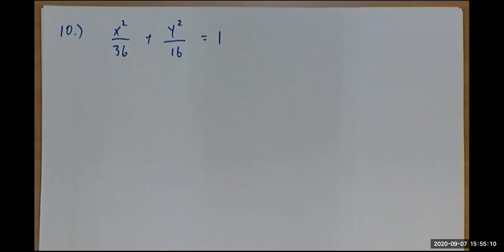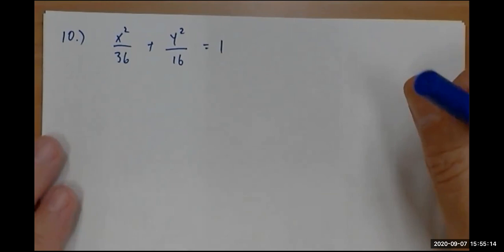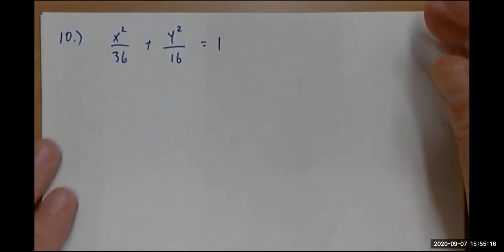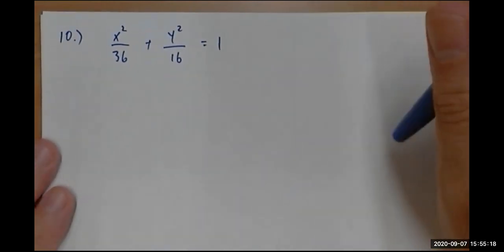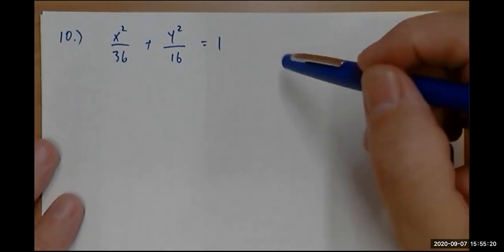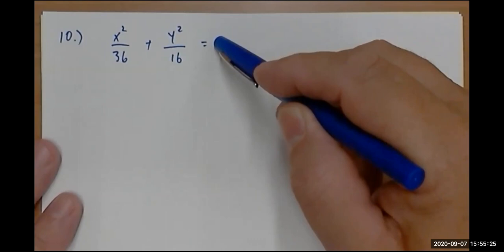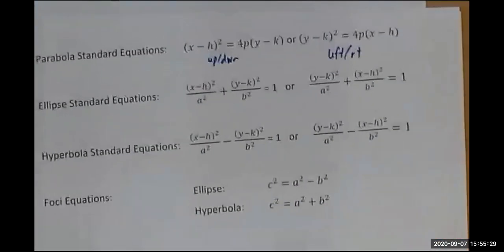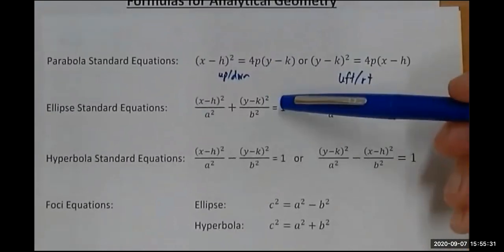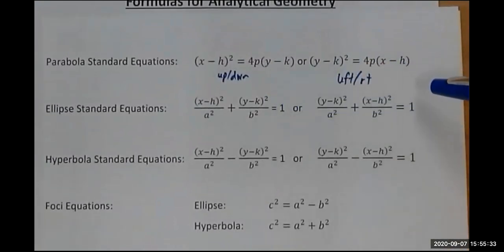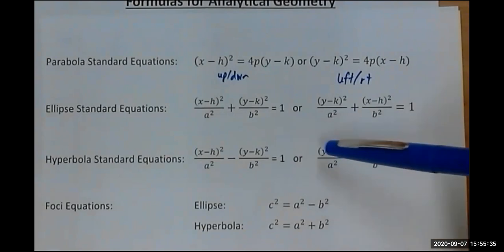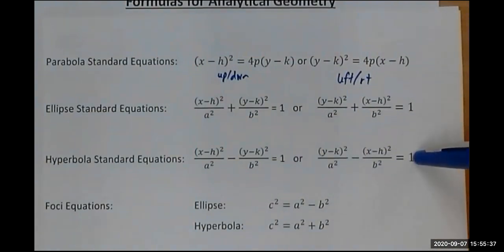work this out. So with these ellipses, the first thing you have to do, like all these, is make sure your equation's in standard form. Now with the ellipses and hyperbolas, the key thing is you have to make sure one side of the equation equals 1. If you look at all four of these equations for ellipses and hyperbolas, you've always got the number 1 on one side of your equation.